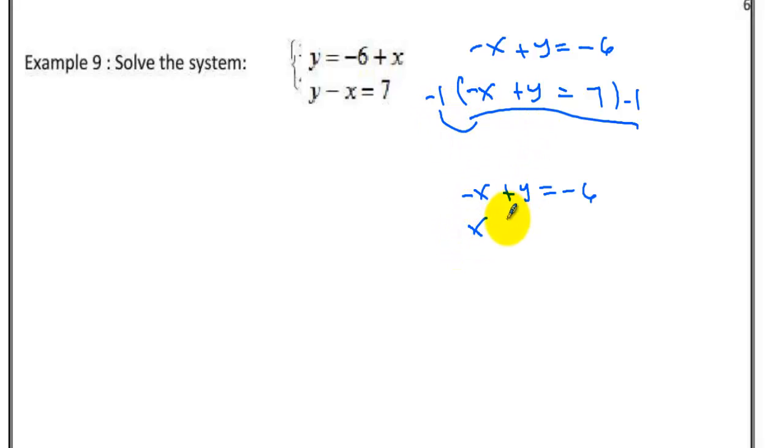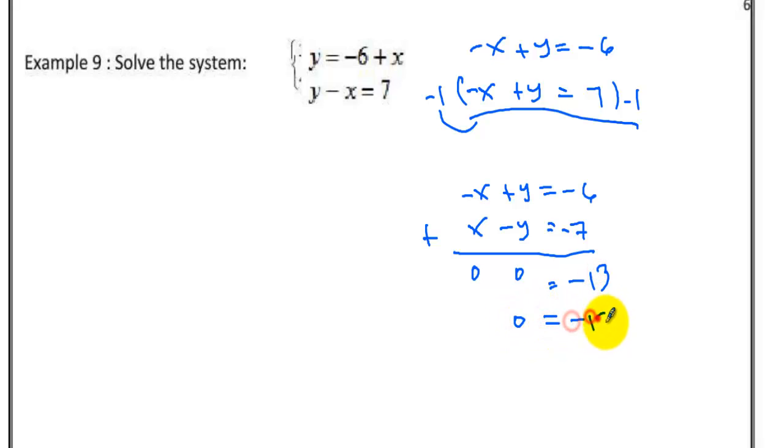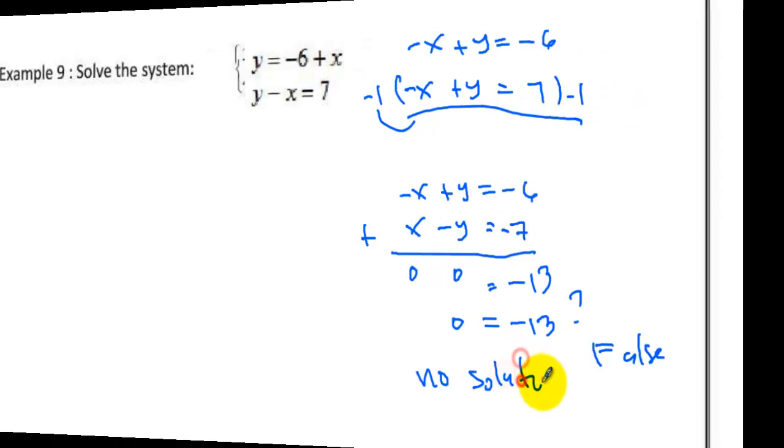Negative 1 times y is negative y. 7 times negative 1 is negative 7. Once we add, we'll get 0 here. 0 equals negative 13. Well, this is false. So we are going to say that example number 9 has no solution.